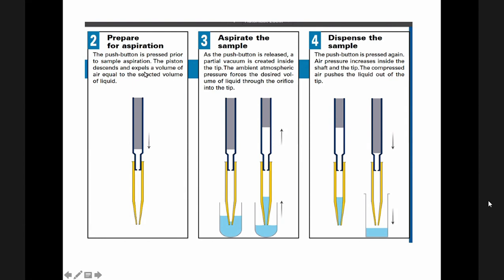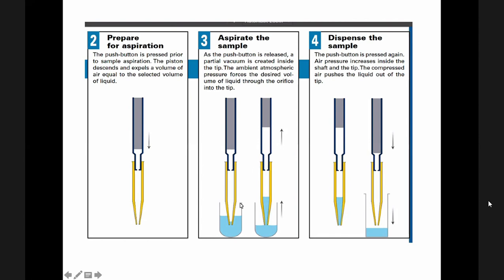After that, you transfer the volume in the pipette tip to your container. The push button is pressed prior to sample aspiration. The piston descends and expels a volume of air equal to the selected volume of the liquid. Now, as the push button is released, a partial vacuum is created, forcing the desired volume of liquid through the orifice into the tip.